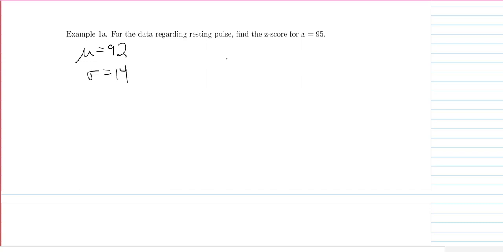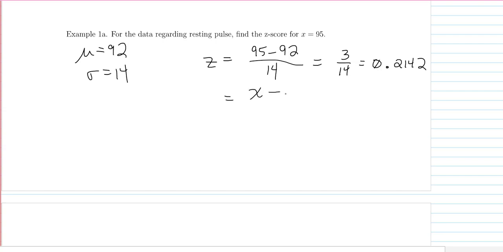If we want to find the z-score for someone who has a resting pulse rate of 95 beats per minute, then we just use the formula from earlier. Plug in 95 for x, minus 92 for mu, over 14 for sigma, and that's equal to 3 over 14, which is equal to 0.2142.